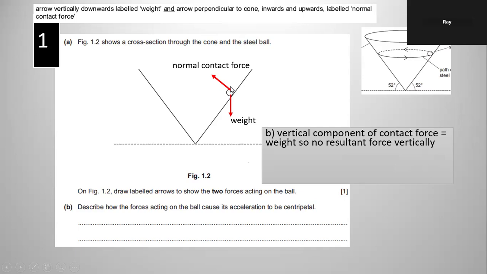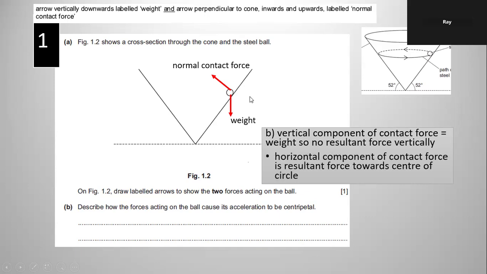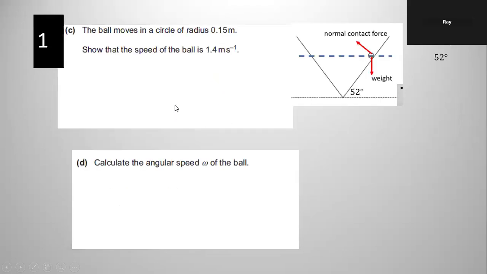This contact force, you can resolve it into a vertical component, which balances the weight. Then there is the horizontal component of the contact force, which is the resultant force towards the center of the circle. So the horizontal component of this contact force provides the centripetal force. Okay with that? Okay, let's carry on then.